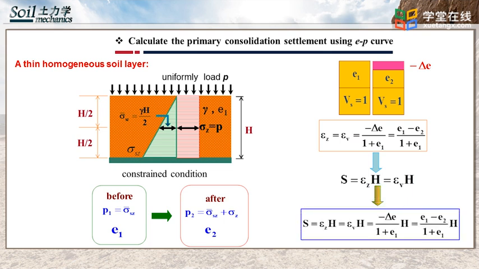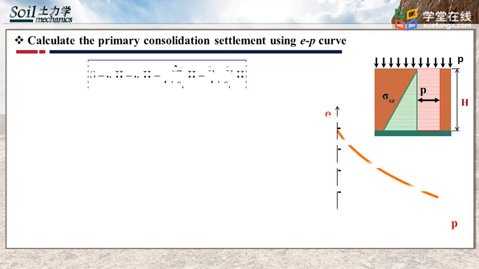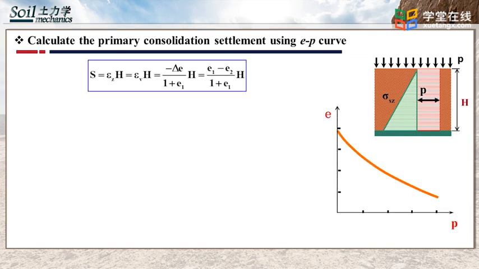We can write a relationship between settlement S and the change in void ratio delta e. Then, we can calculate the primary consolidation settlement using the e-p curve: from the compression curve, read off the initial void ratio e1 and the void ratio e2 after compression, corresponding to the initial stress p1 and the summation p2 of the initial stress and the stress increase p. The settlement S can be obtained.